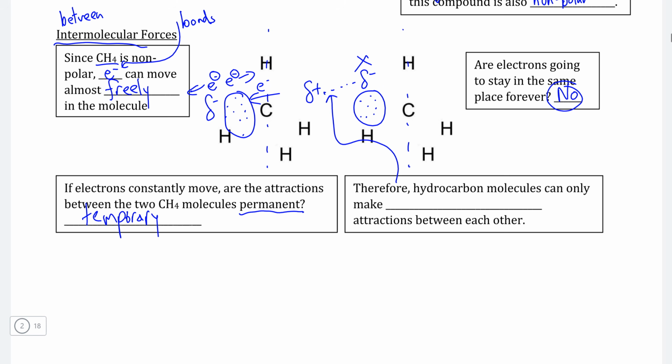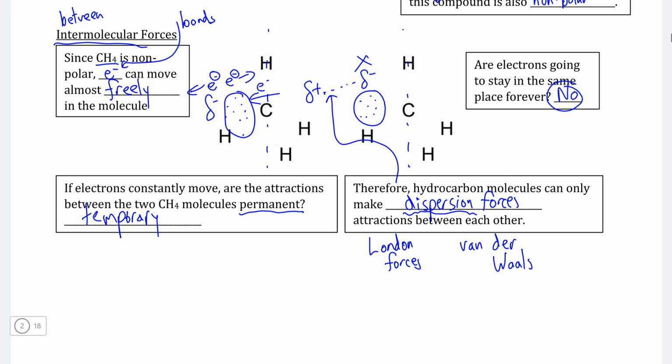This type of temporary intermolecular attraction goes by many names. You may have heard of these referred to as London forces, and if you're a biology student, you might have heard them called van der Waals attractions, although I prefer the more technical name, dispersion forces. In fact, the term London dispersion forces is often used.